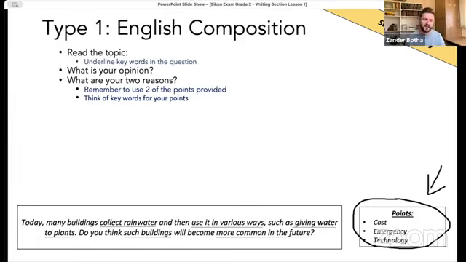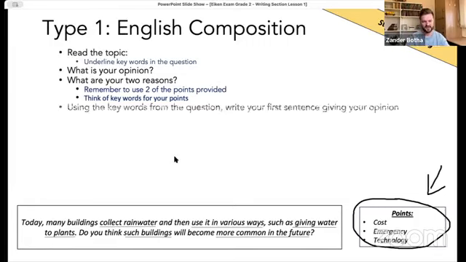Or maybe if we think about technology, I can think of many different words like effective or useful. All right, words like that. So you want to think about good keywords for the 2 points that you chose.